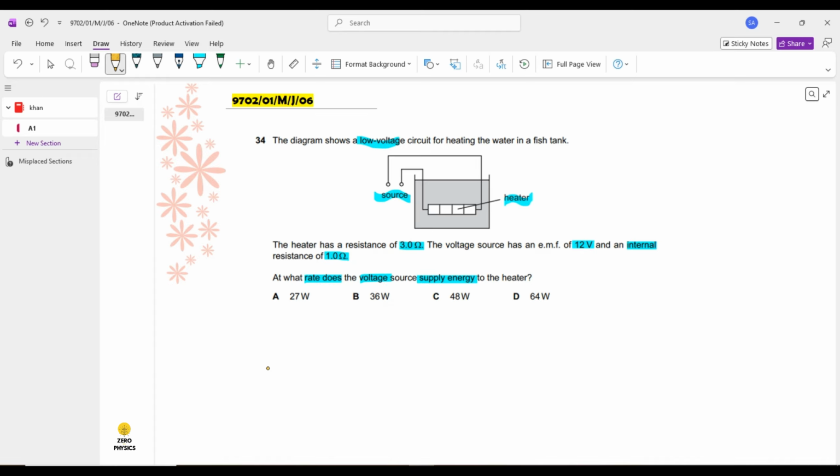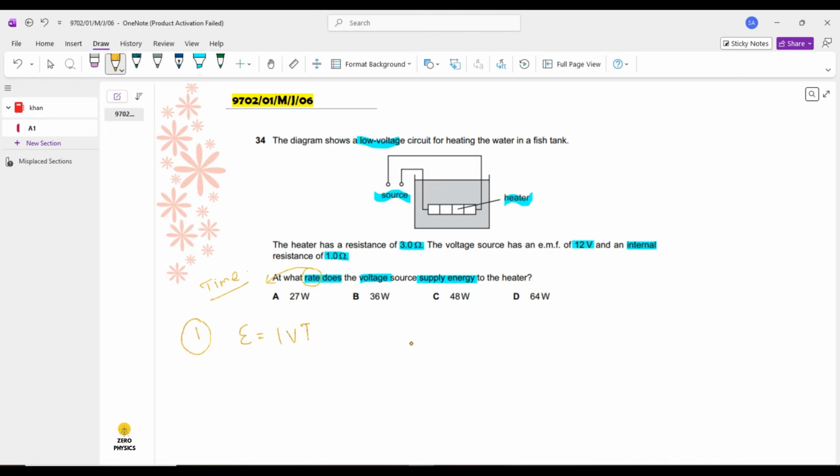First of all, we have learned the formula in O levels or in AS as well that E equals IVT: current, voltage, and time. And remember, whenever the word rate comes, it always means time.